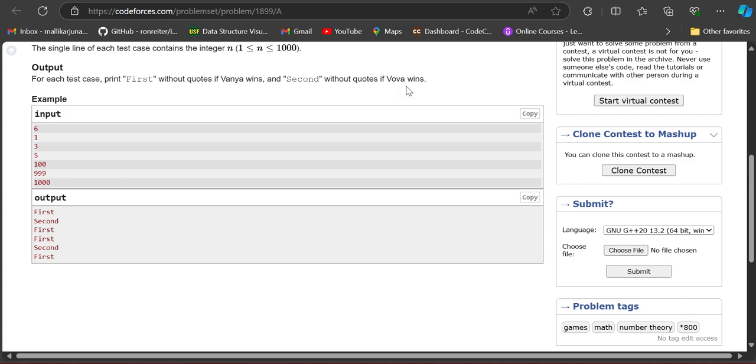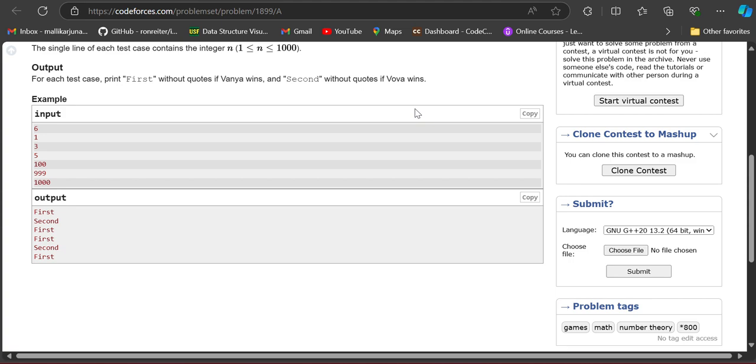Okay, one and three. So if I'm Vova, the second player, and I give the first player a number which is divisible by three, definitely he is the winner. So why would I give that number to the first player, right? If I have a chance to win, I prefer to win rather than lose, right?